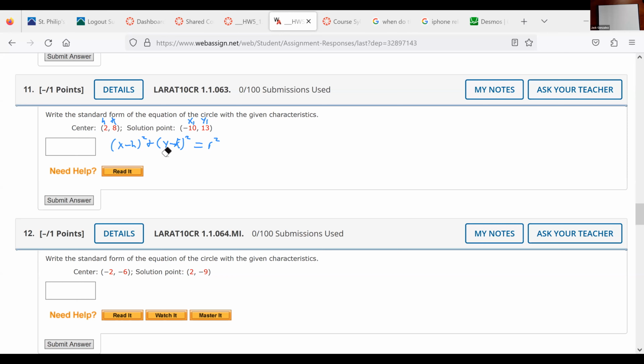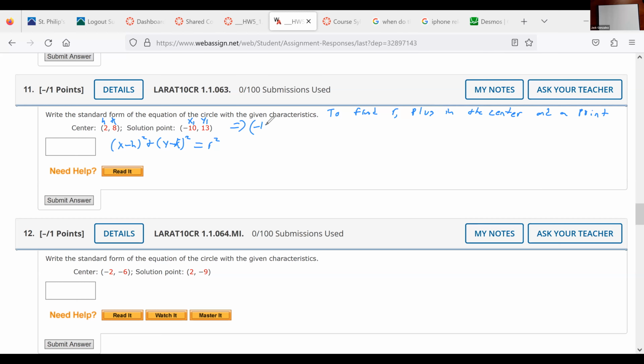So find r, plug in the center and a point. Once you do that, you only have one unknown left. So there we go.